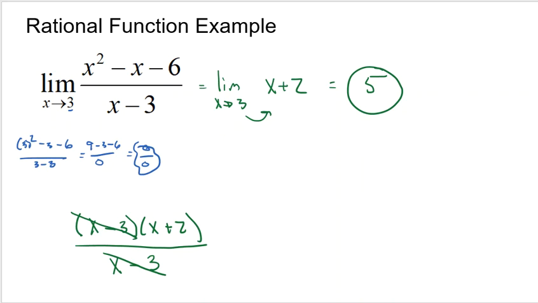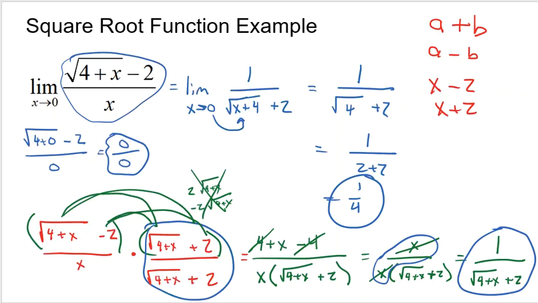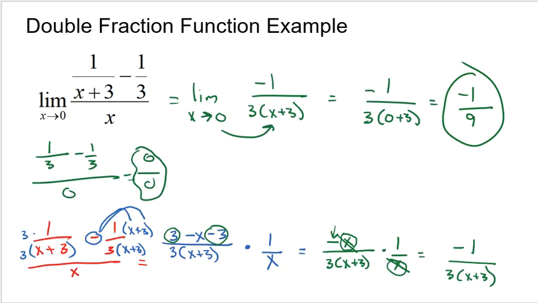Plug your direct substitution in, and you'll get your answer. If you have this problem with square roots, the strategy is to multiply by the conjugate. Kind of a weird strategy, but trust me, it will always work. You just have to practice it. Once you change how the function looks without really being different, then you reapply direct substitution and you'll get your answer, 1/4.